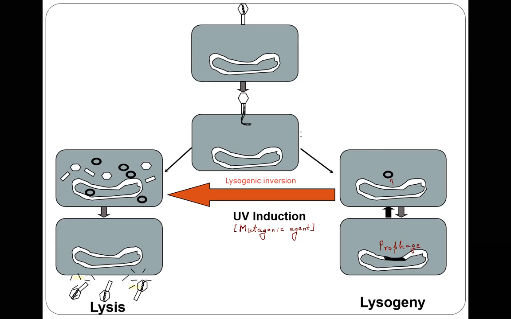Now, there is a term which is being used. One is referred to as the episome, another is referred to as the prophage. How are the episome and the prophage different from each other? In the case of an episome, the plasmid DNA has integrated into the bacterial DNA.